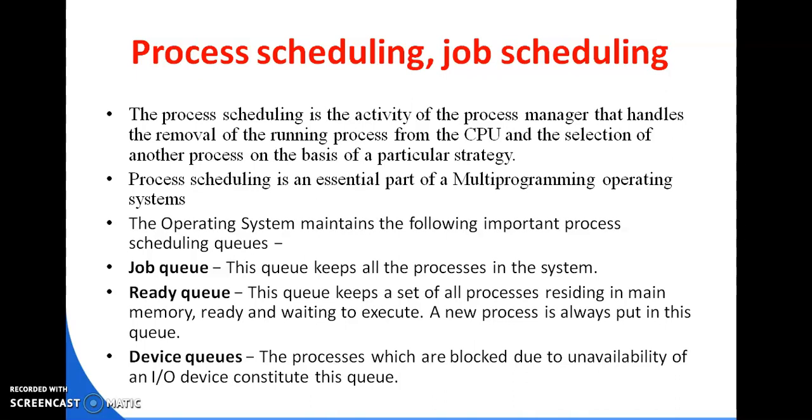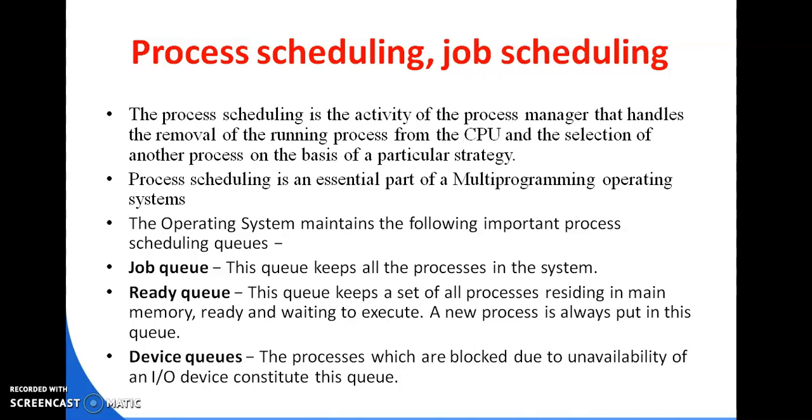When the state of a process is changed, its PCB is unlinked from its current queue and moved to its new state queue. That means when a process is in the new state, its PCB is present in that state. When the process switches over to the ready state, the PCB is automatically delinked from the previous queue and joined to the next state where the process is.